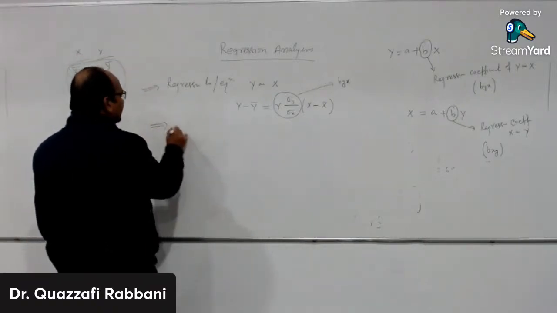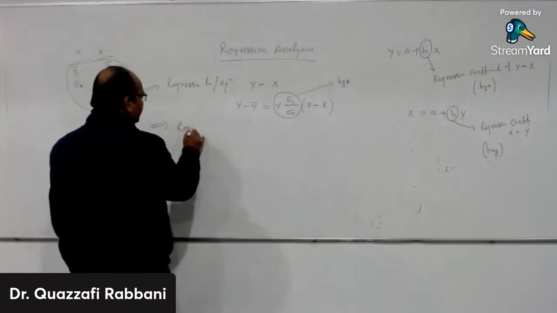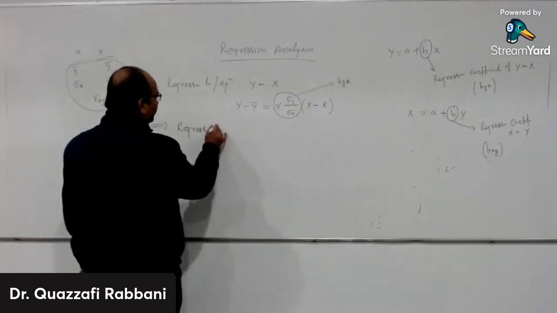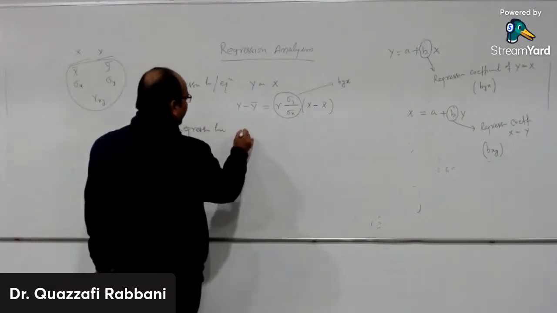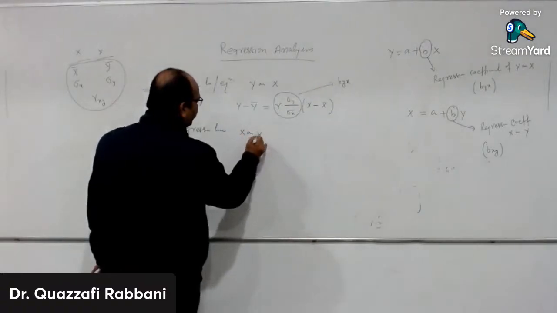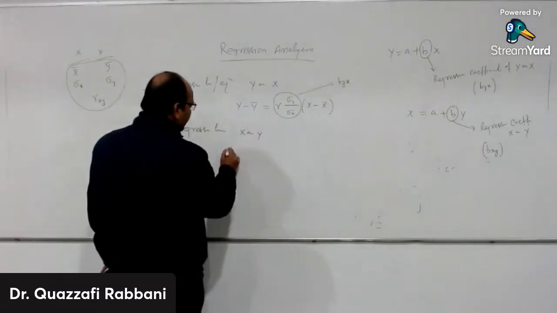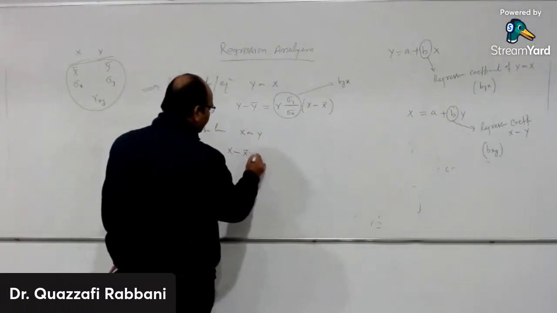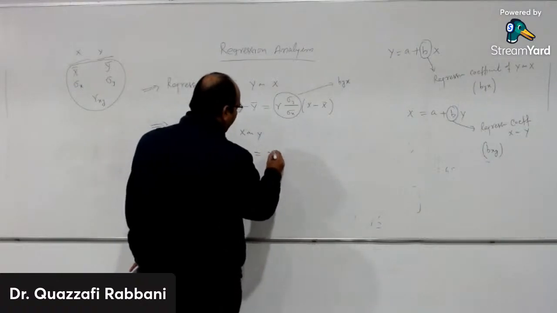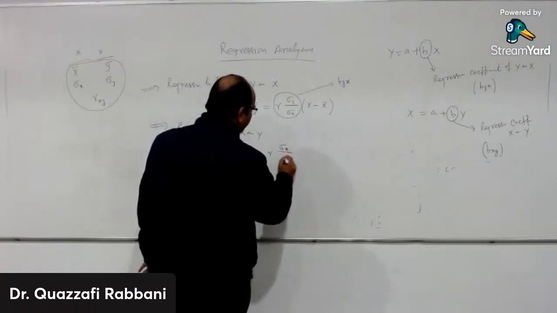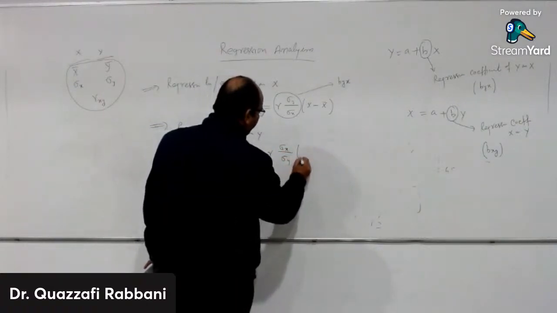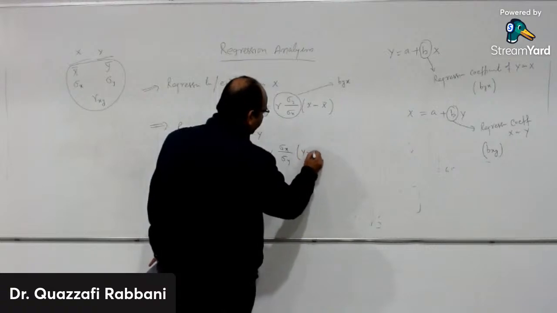Similarly, the regression line x on y can be written as x minus x bar equal to r times the standard deviation of x over the standard deviation of y, times y minus y bar.